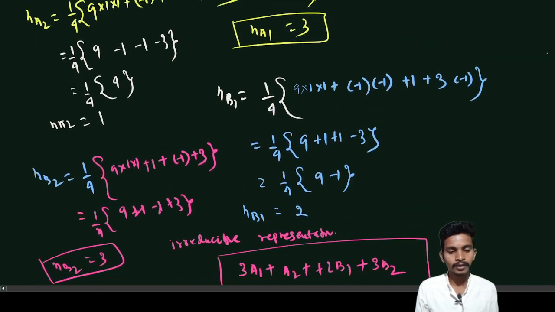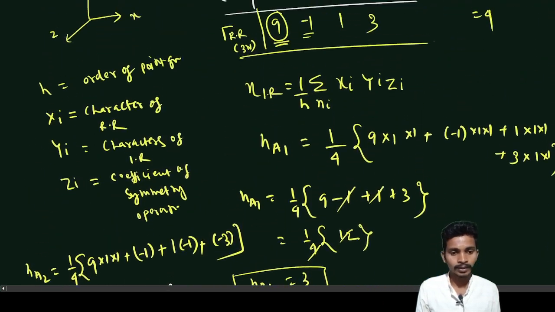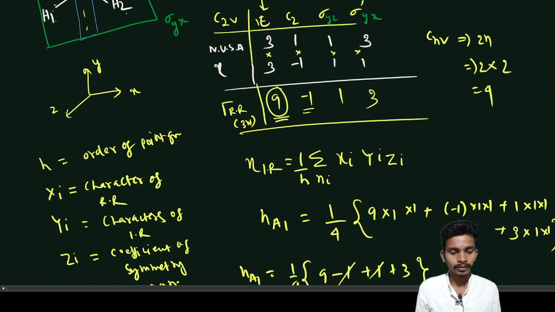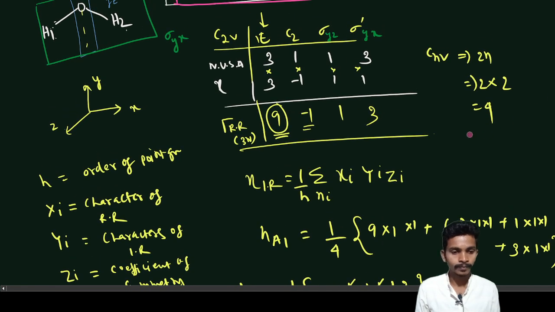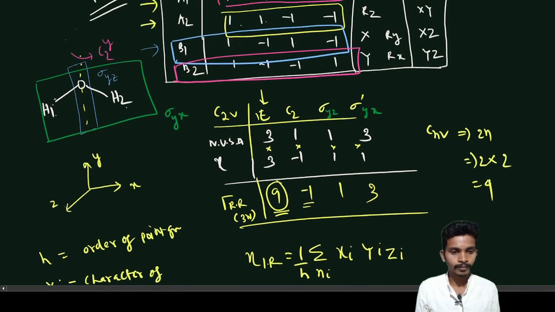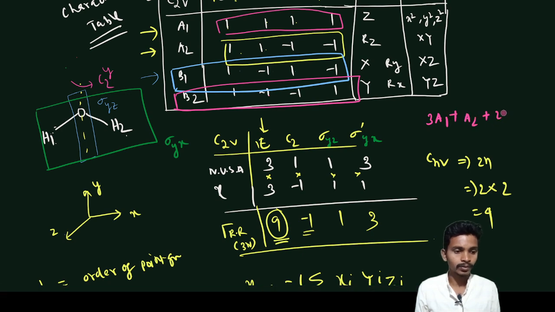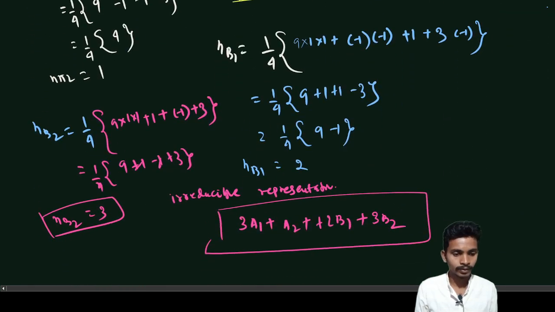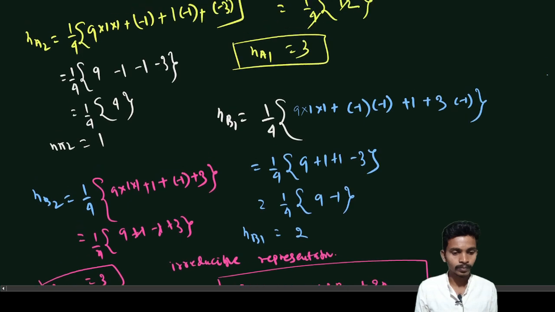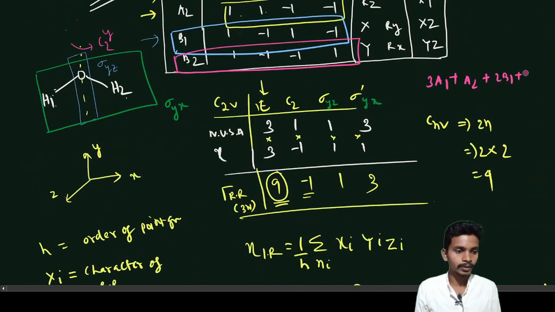So we can easily check also whether this answer is correct or not. So I will write here what irreducible representation we get, that is 3A1 plus A2 plus 2B1 plus 3B2.